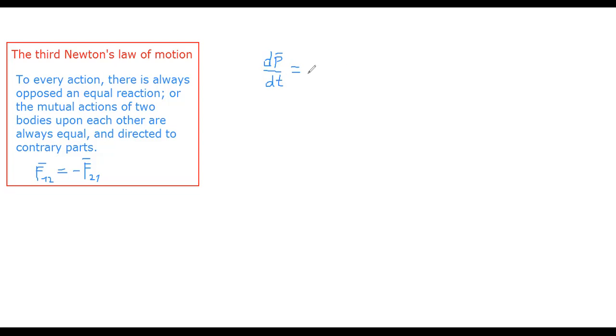And we have to write the sum of internal forces F_ik, and I will write upper index I.